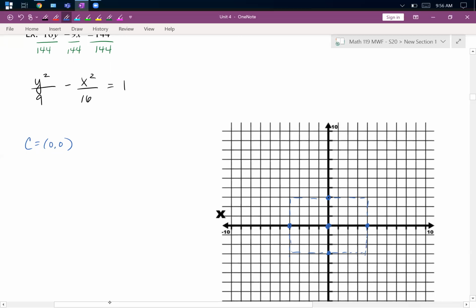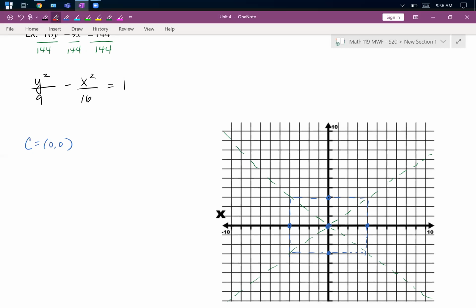Once we have our rectangle, we want to extend the diagonals of this rectangle. Once we have our asymptotes, we can draw in our branches.